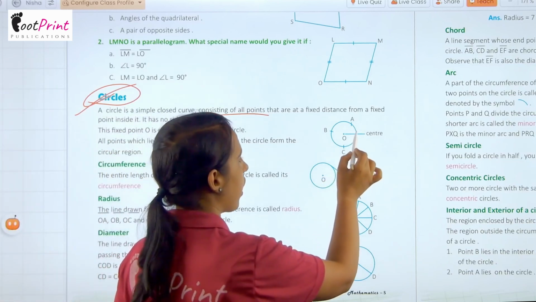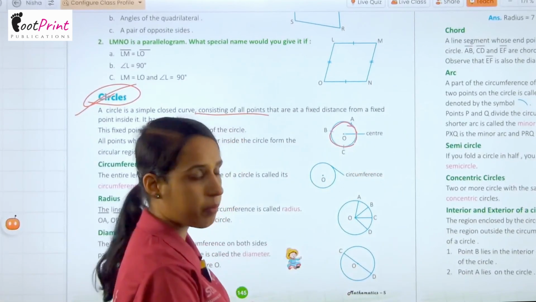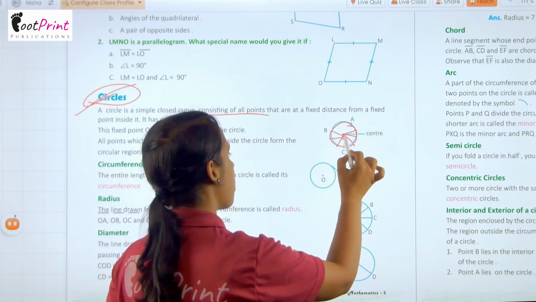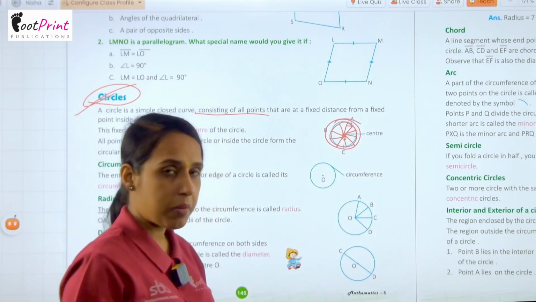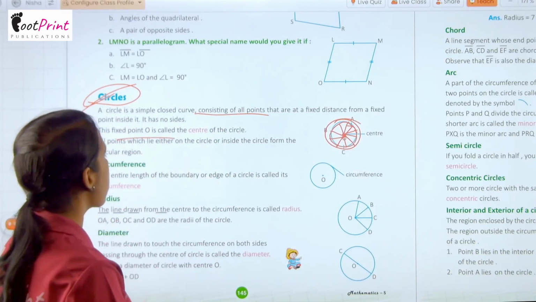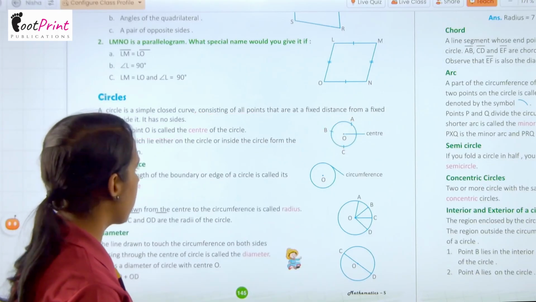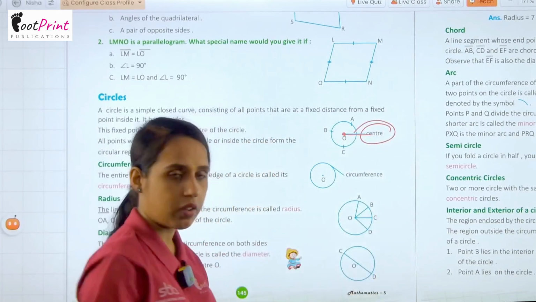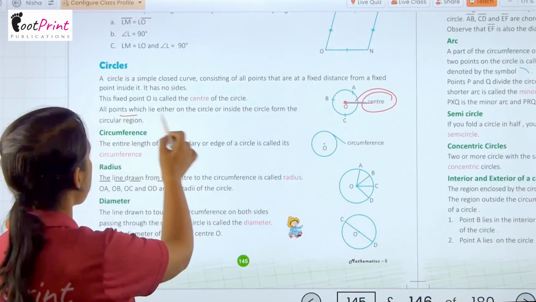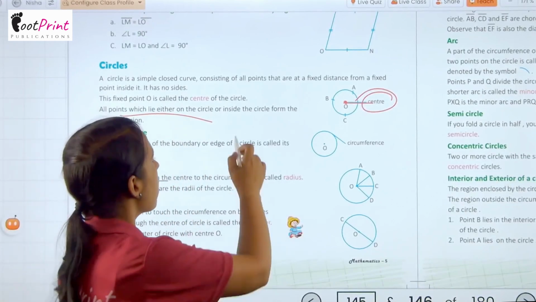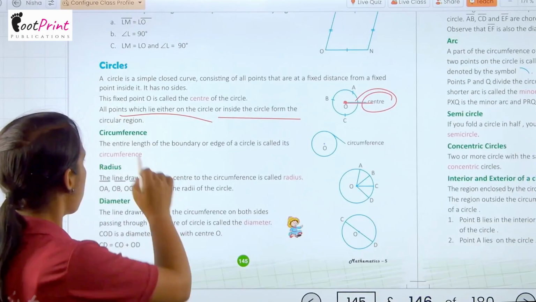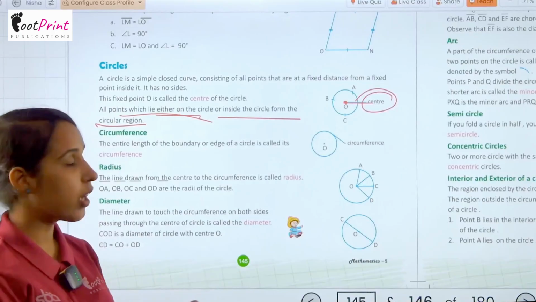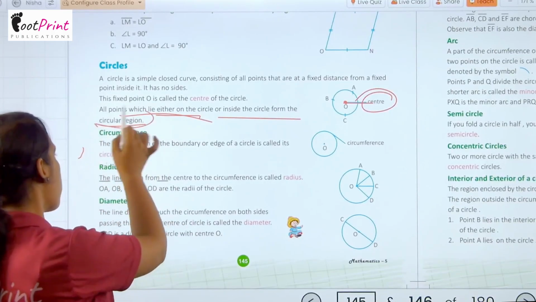So what is a circle? It is a closed curve made of points at the same distance from the fixed point at its center. And this fixed point O is called the center. Next, all points which lie either on the circle or inside the circle form the circular region.